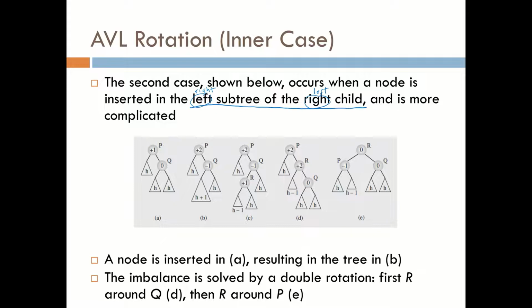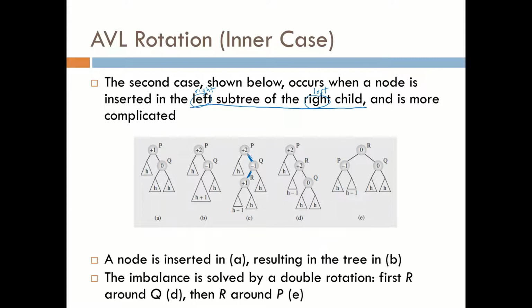And so what happens in this case is that the imbalance requires two rotations. So the imbalance has taken place. We take a look at P here. Q is the right child of P. And the imbalance is being caused by an insertion into the left child of Q, right?